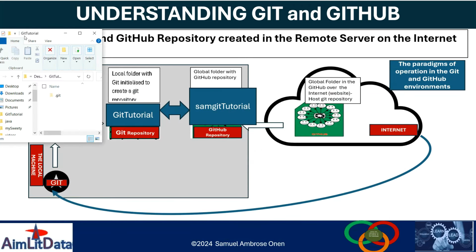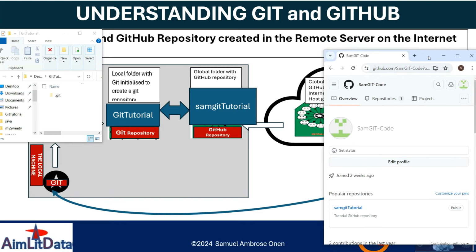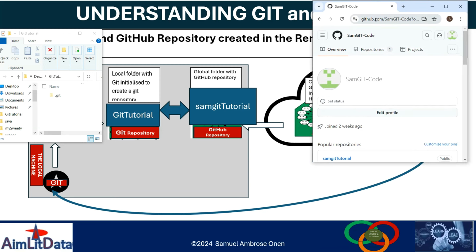Git tutorial, as you can see at the top there, is this folder sitting inside our local machine. This is the local machine. This is our GitHub. Remember, this GitHub is on the internet, the remote repository sitting on the internet. As you can see, github.com.